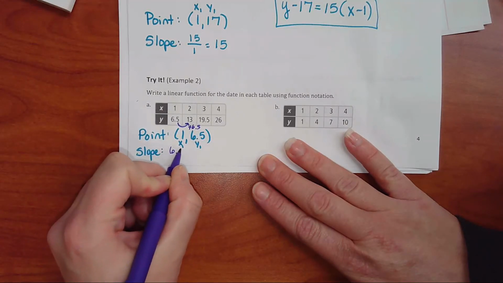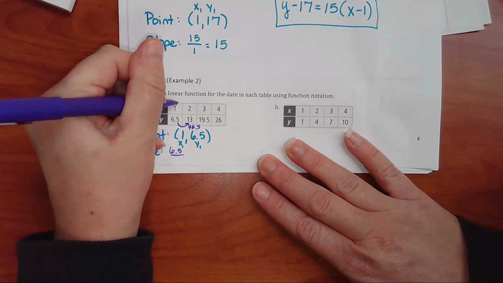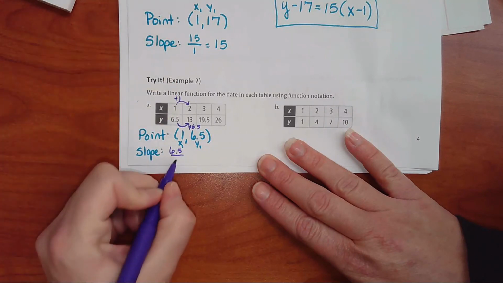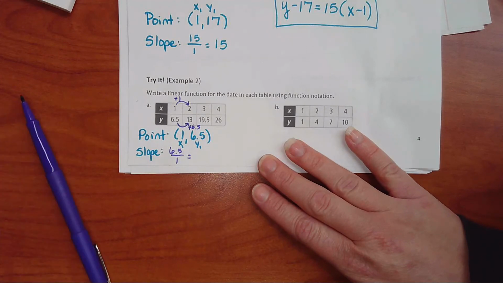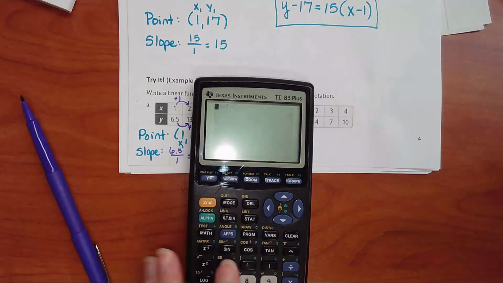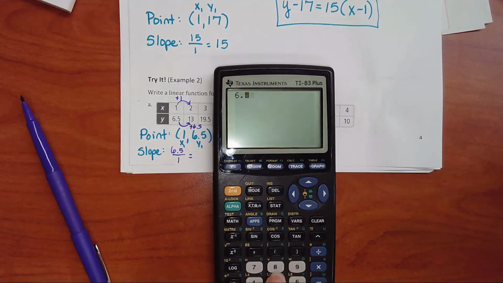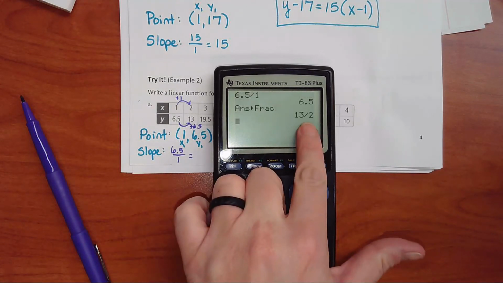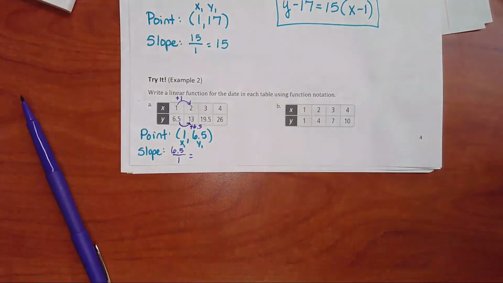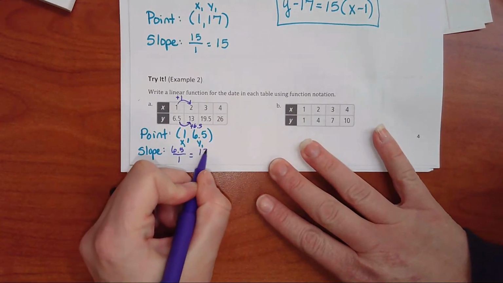So 6.5 over, and to go from 1 to 2, you go up 1. But remember, you can't have decimals, so let's see what the calculator tells us here. So if I take 6.5 divided by 1, and then math, enter, my slope is 13 over 2.